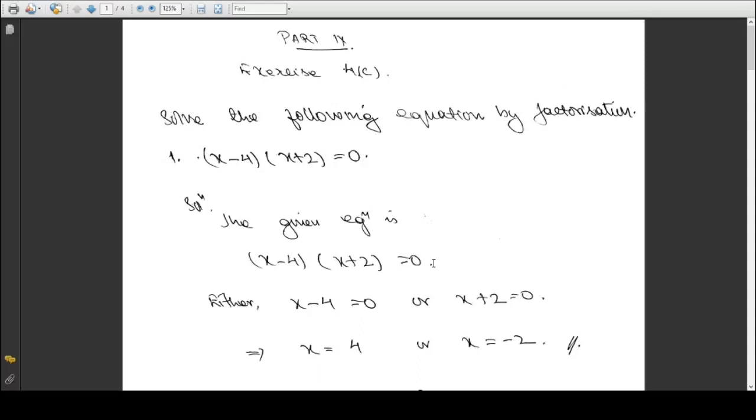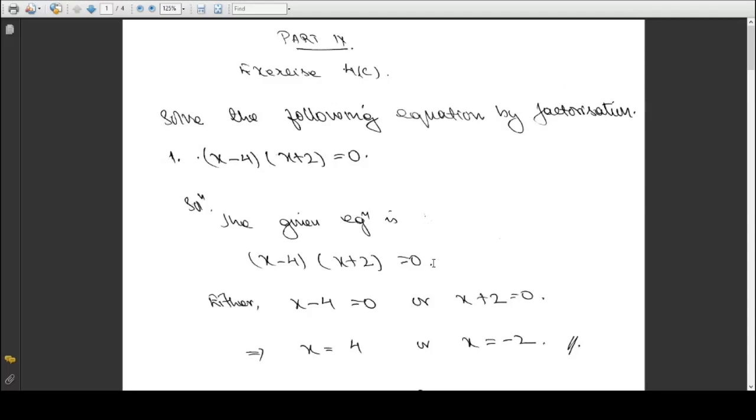Suppose I give you 2 multiply 3, it will give you a number which is not 0. But if 2 is 0, 0 multiply 3 is how much? It is 0. Or if 3 is 0, 2 multiply 0 is 0, isn't it?